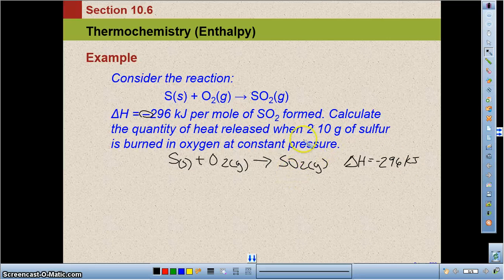So let's write the information we have for the problem. It says calculate the quantity of heat. So I want to know delta H when I take 2.10 grams of sulfur and burn it in excess oxygen at a constant pressure. And I want to know how many kilojoules this reaction is going to give off.